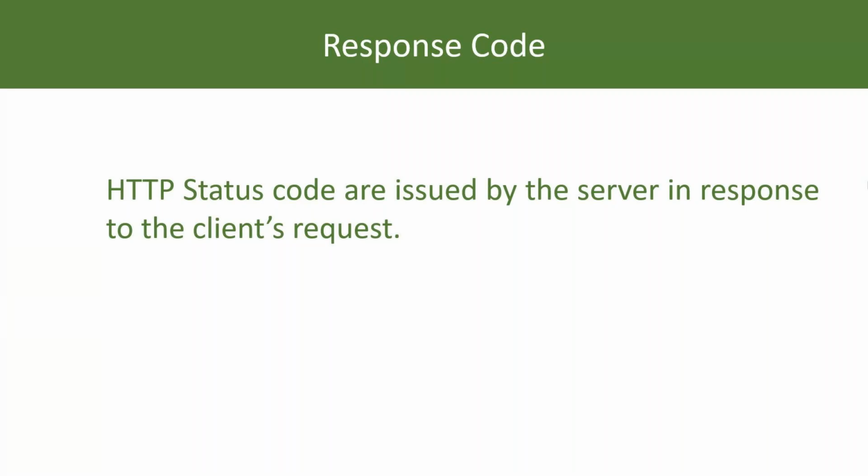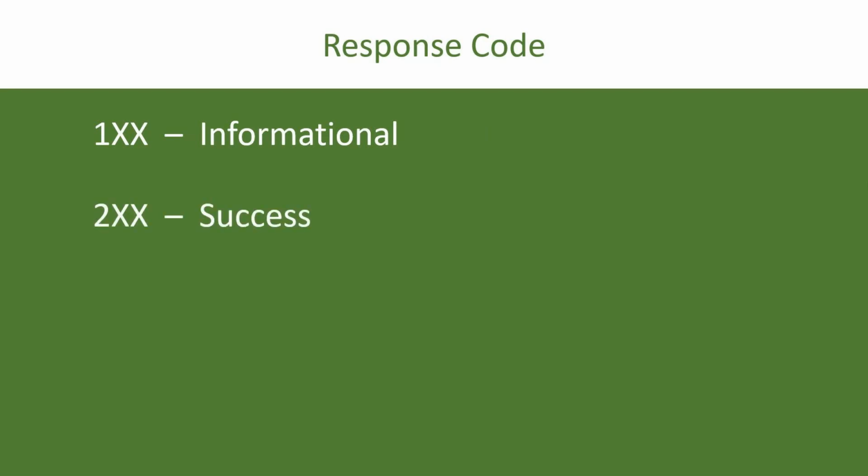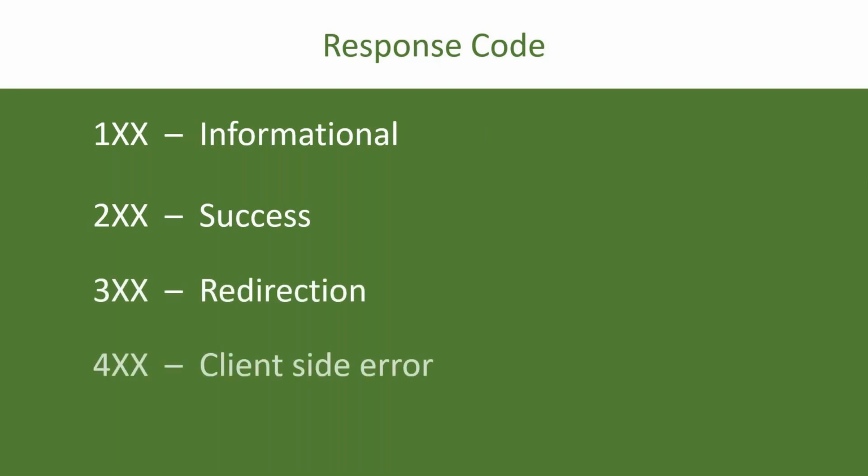These codes are issued by the server along with the response, and there are different meanings associated with them. The 100 series means informational, 200 series is successful, 300 series is a redirection, 400 series is a client side error, and 500 is a server side error.